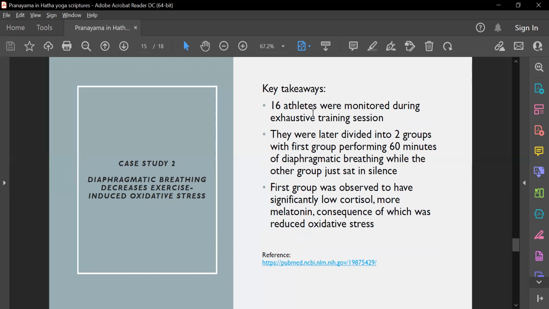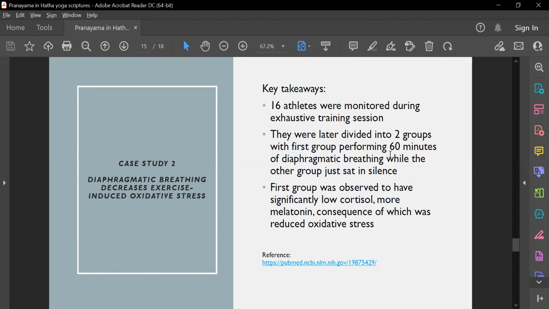So 16 of these athletes were monitored during one of these exhaustive training sessions, and they were later divided into 2 groups of 8. The first group was made to perform 60 minutes of diaphragmatic breathing, while the other group just sat in silence, resting without any specific breathing.